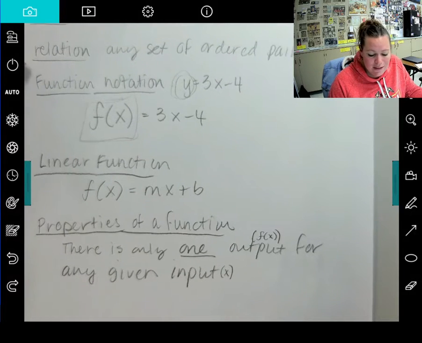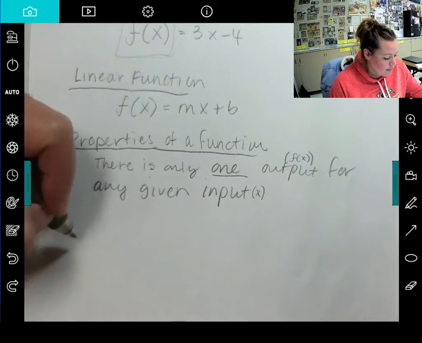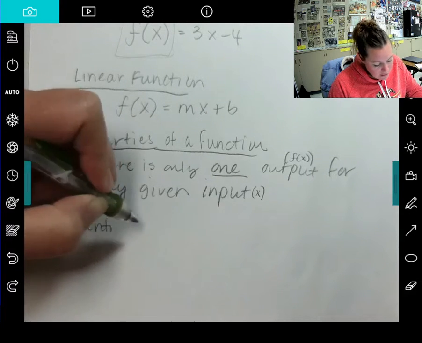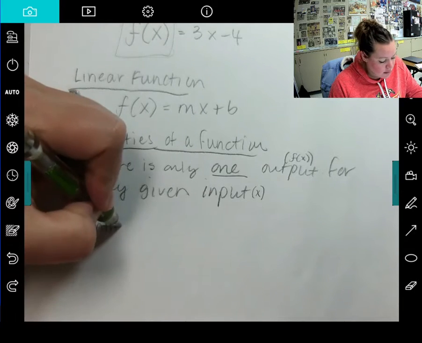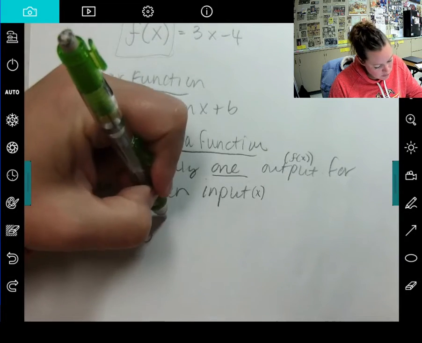Next, we're going to discuss identifying functions. We are going to look at how to identify if a relation is a function or not.